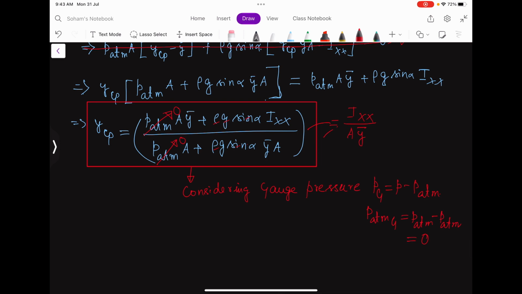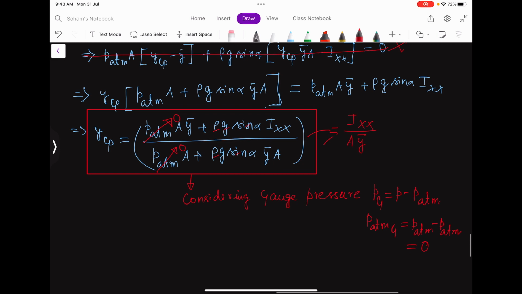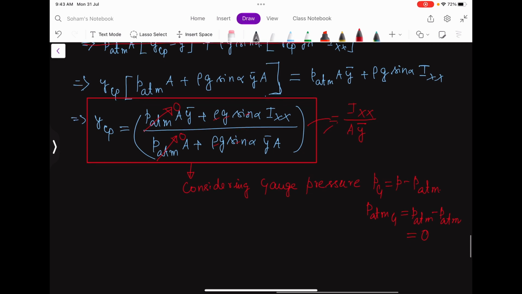So this is the formula of ycp, and you have to remember it, because the value of ycp always remains the same, whether you consider the gauge pressure or the actual pressure.